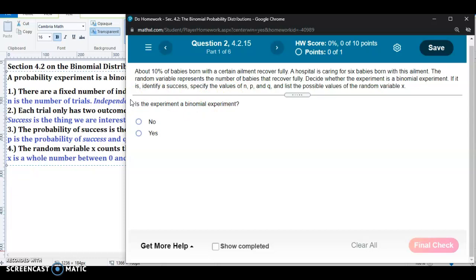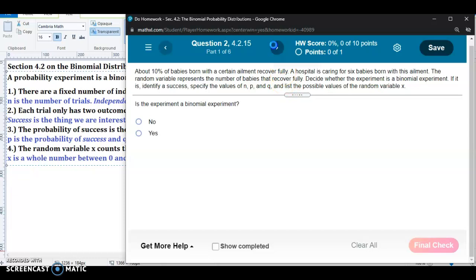There are only two possible outcomes, success and failure. The probability of success should be the same from trial to trial, and the random variable counts the number of successes in n trials. So you would select yes if the experiment is a binomial experiment, and then answer the questions that follow, or you would select no.